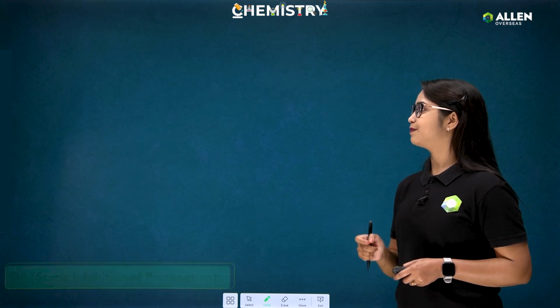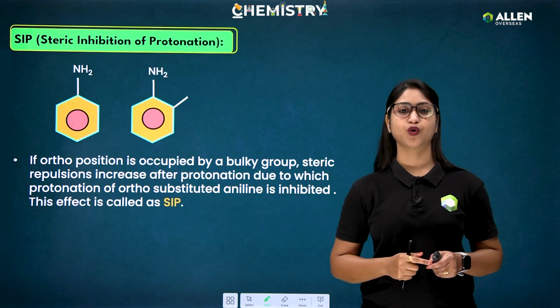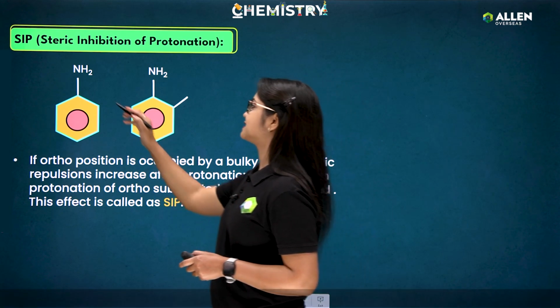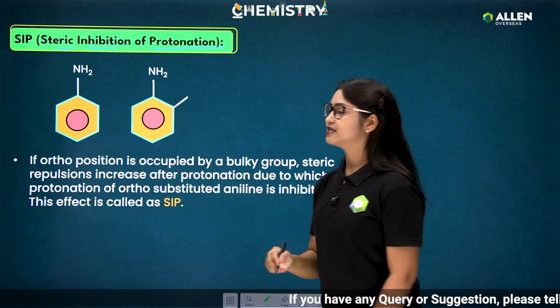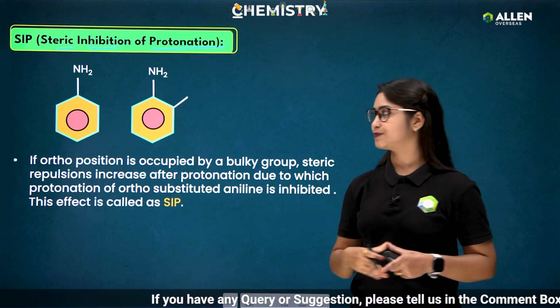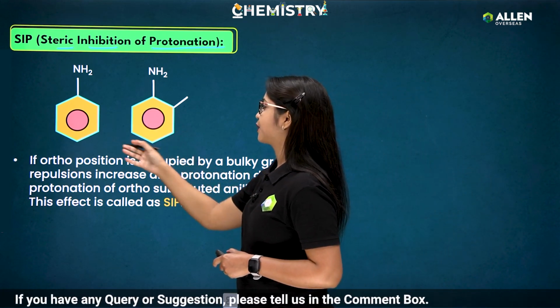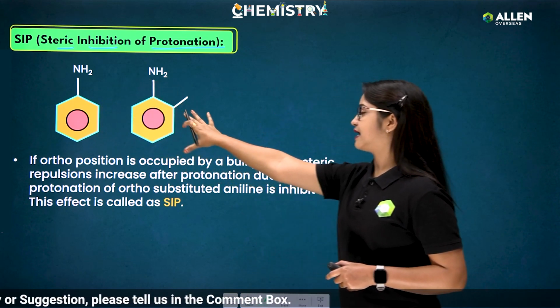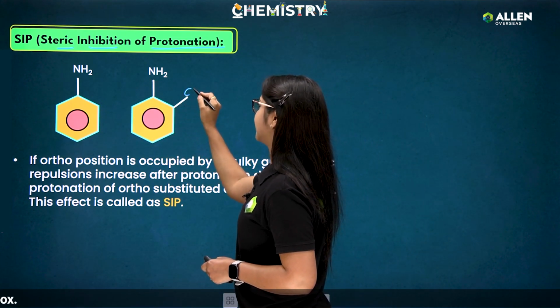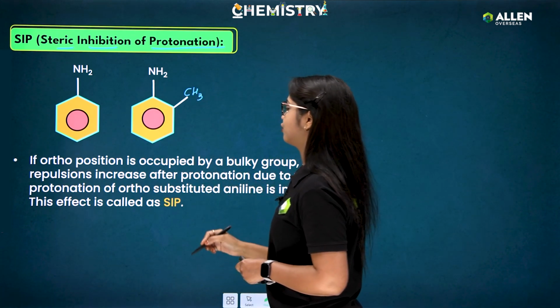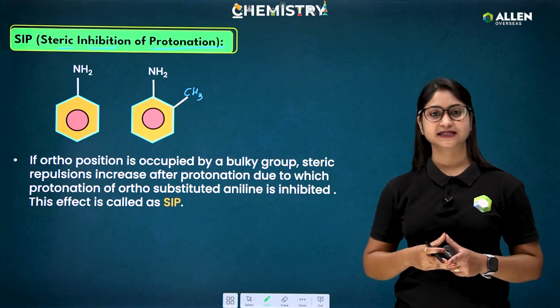Now for the basic strength we also have a very important effect called SIP, steric inhibition of protonation. That is basically applicable for the anilines. So this is aniline, normal aniline, and this is an aniline where at the ortho position you have a bulky group like methyl. So what happens in this SIP effect?